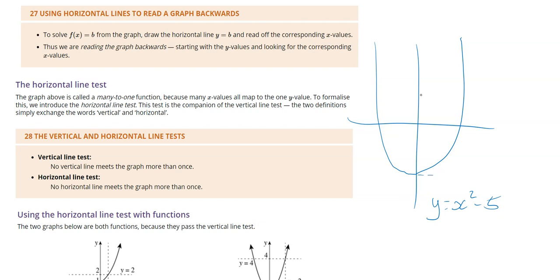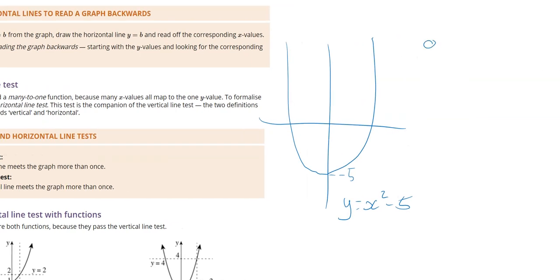-5. Sorry. Okay, so on this one here, if I'm wanting to categorize this, I can use two tests. If I use the vertical line test, what does that tell me? It's passed the vertical line test, so that means it's either one-to-one or many-to-one.